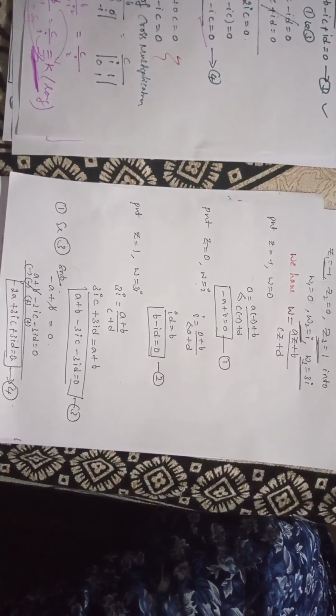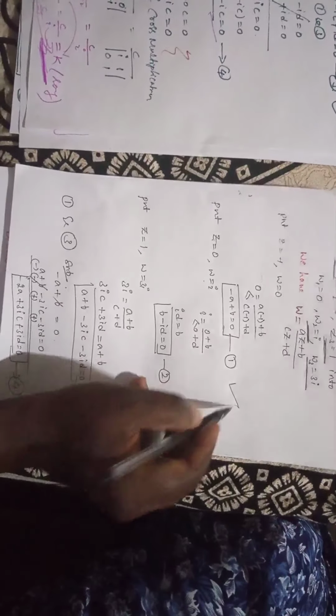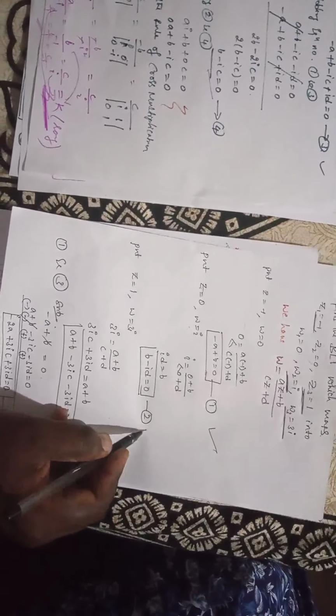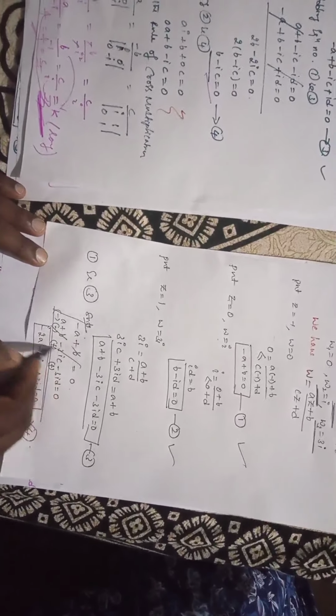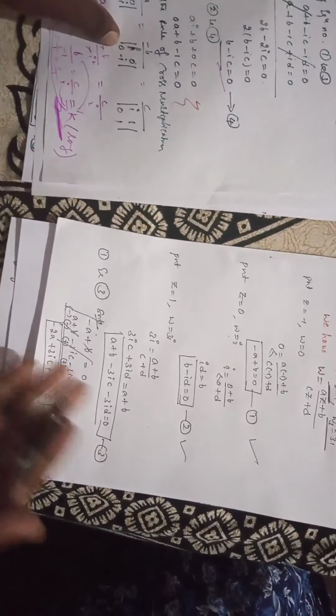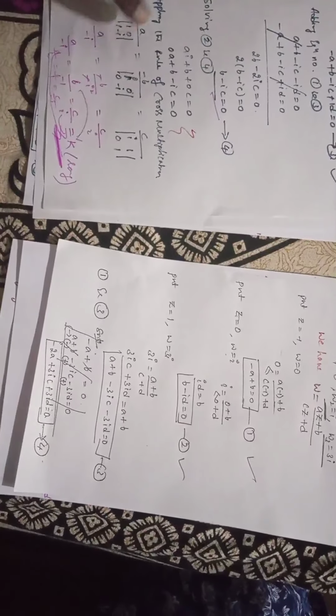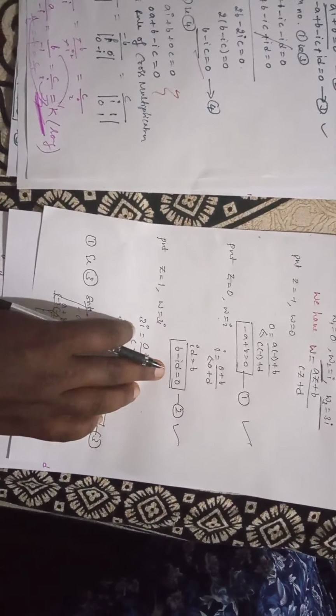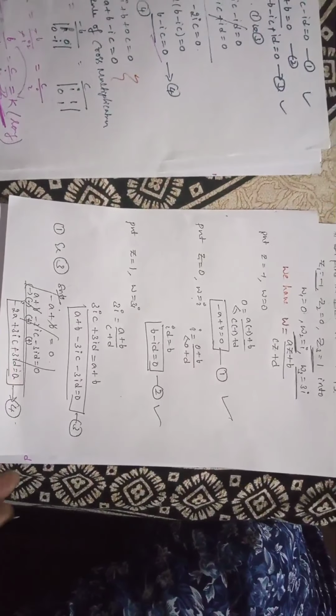Instead of solving 1 and 3, equation number 1 has two unknowns, and 2 also has two unknowns, so we can use those two. After solving this we can use another equation, which would extend to 3 more steps. Here also 2 unknowns, so solve these two.